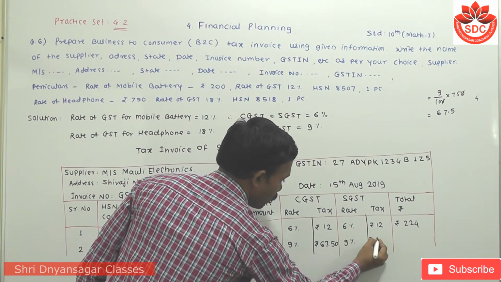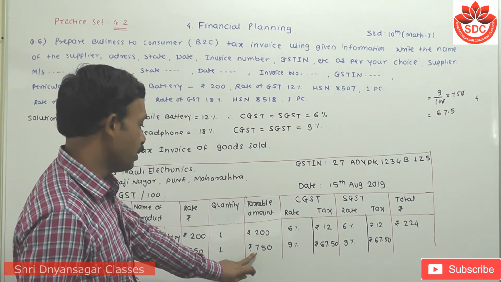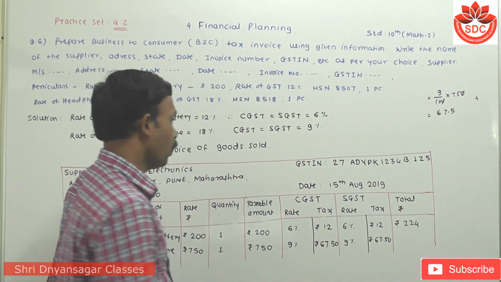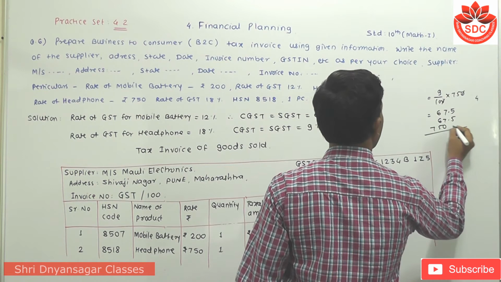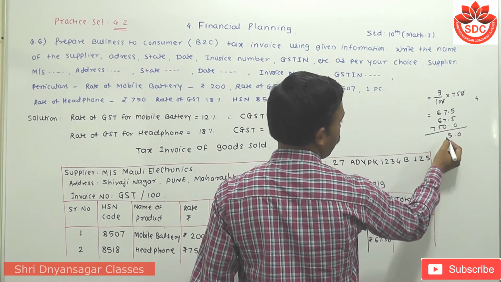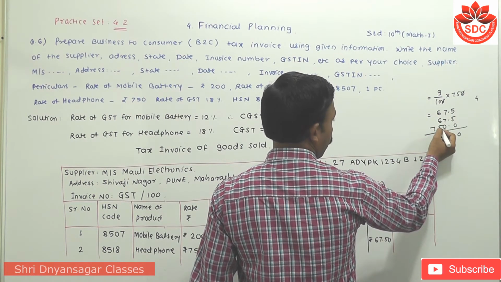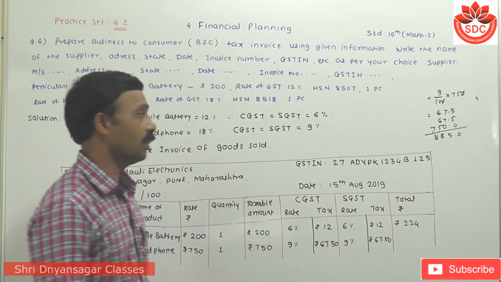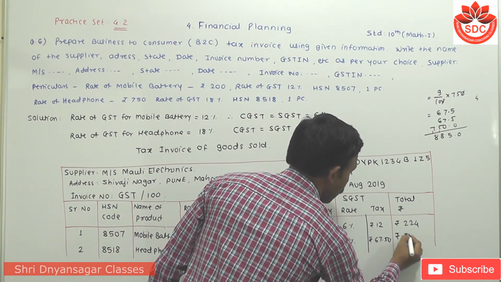Again it is the same, 9% SGST, and the amount is also 67.50. Then the total here is 750 plus 67.5 plus 67.5. When we add it, it becomes 10, carry 1. 7 7s are 14 plus 1 is 15, carry 1. 12 plus 5 is 17 plus 1 is 18, carry 1, so 885.00. This total is 885.